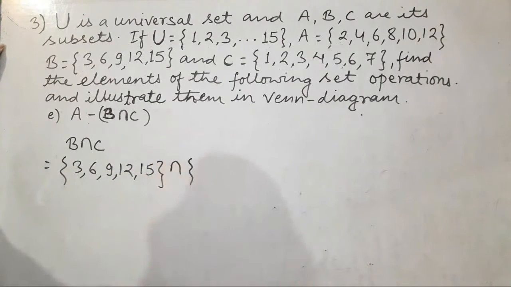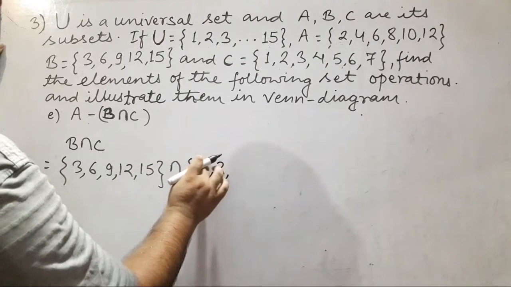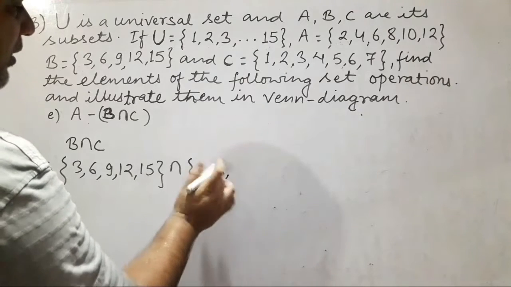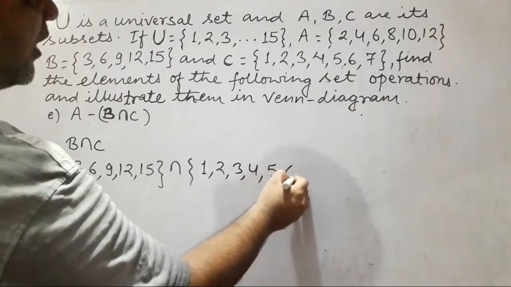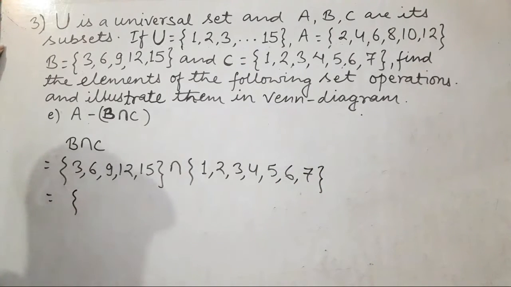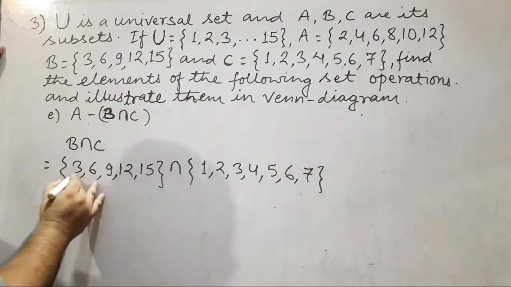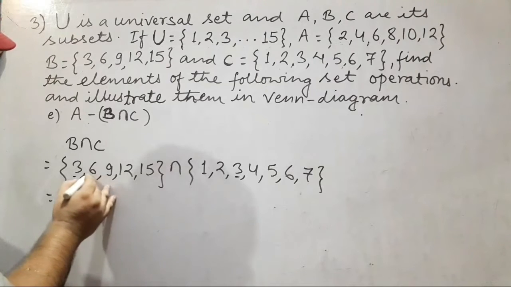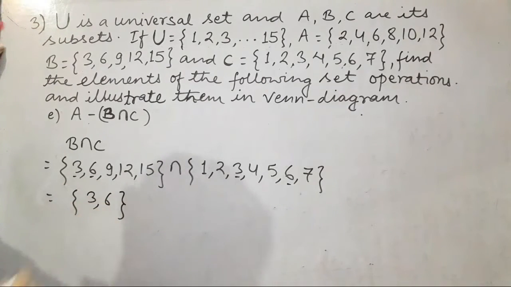Intersection, the elements of C: 1, 2, 3, 4, 5, 6 and 7. Now we have to write down the common elements belonging to both these sets. They are elements 3 and 6. Okay, we got the elements 3 and 6 in B intersection C.